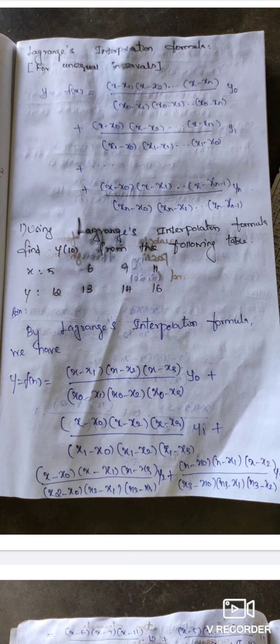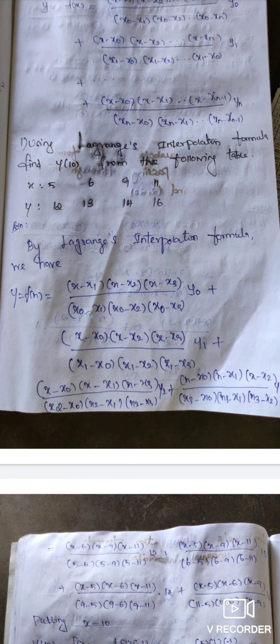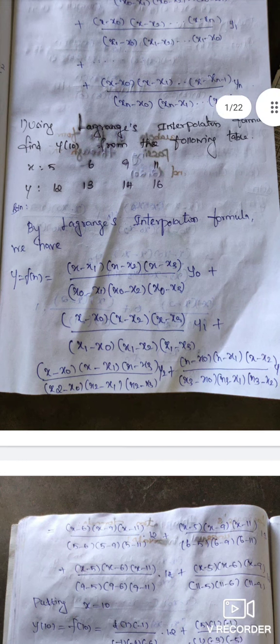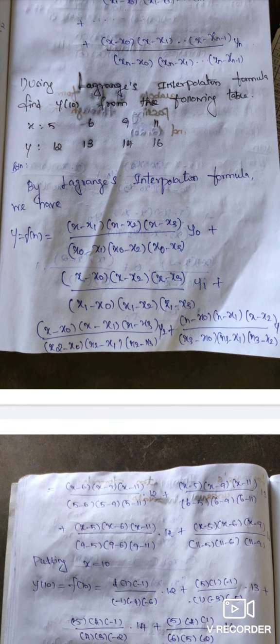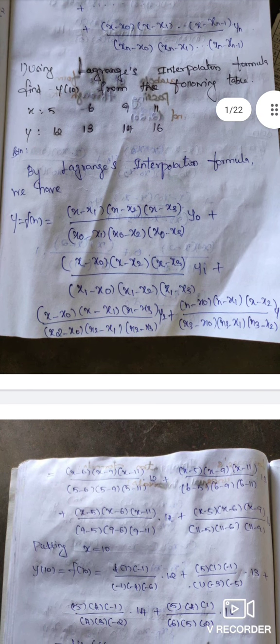Y is equal to f of x is equal to (x minus x1)(x minus x2)(x minus x3) divided by (x0 minus x1)(x0 minus x2)(x0 minus x3) into y0 plus (x minus x0)(x minus x2)(x minus x3) divided by (x1 minus x0)(x1 minus x2)(x1 minus x3) into y1 plus (x minus x0)(x minus x1)(x minus x3) divided by (x2 minus x0)(x2 minus x1)(x2 minus x3) into y2 plus (x minus x0)(x minus x1)(x minus x2) divided by (x3 minus x0)(x3 minus x1)(x3 minus x2) into y3.